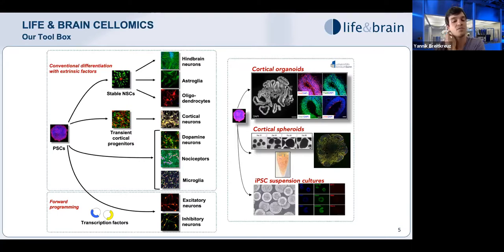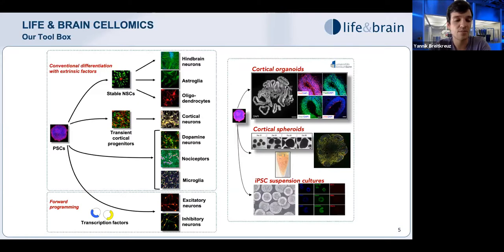And we also established protocols for forward programming differentiation of, for example, glutamatergic and GABAergic neurons. On the other hand, we are culturing 3D organoids and spheroids with the main focus on the forebrain.